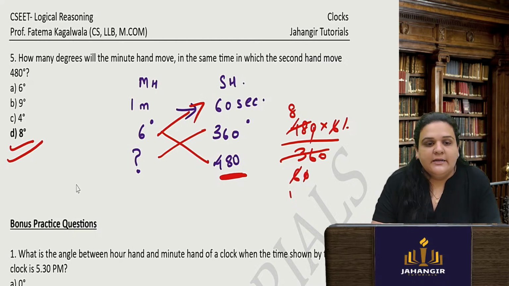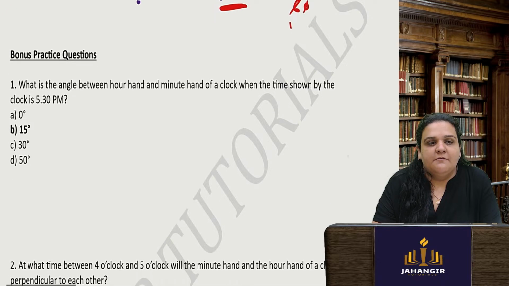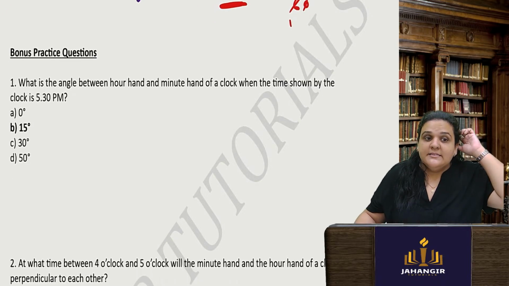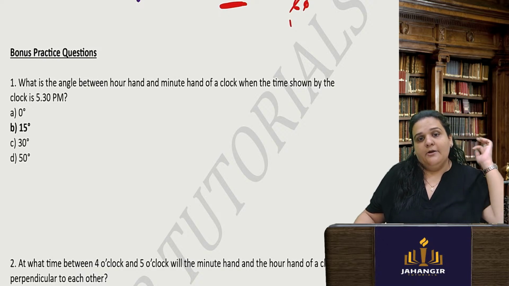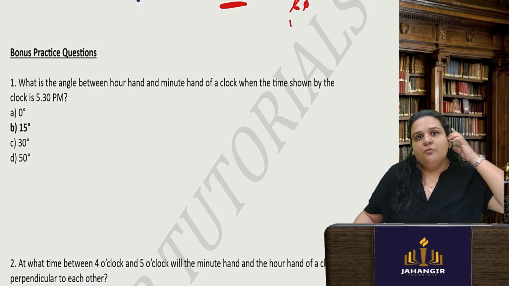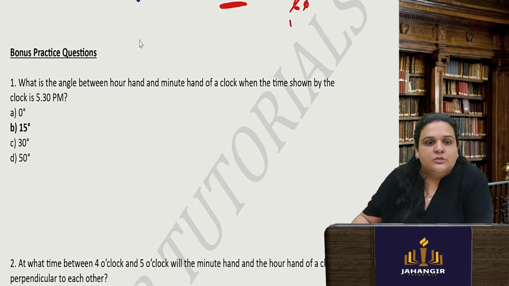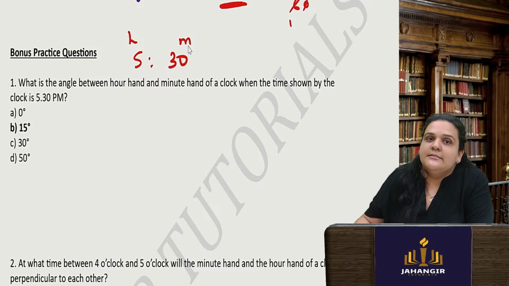Now there are some bonus practice questions I have given. What is the angle between the hour hand and the minute hand of the clock when the time shown is 5:30? So 5:30 means 5 is the hours, 30 is the minutes.